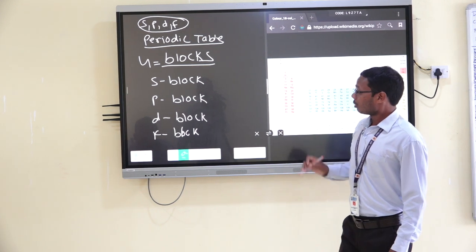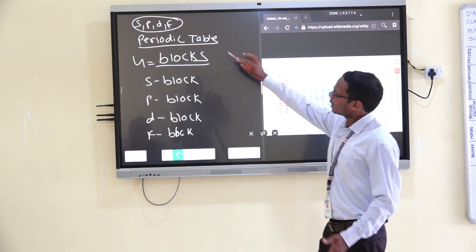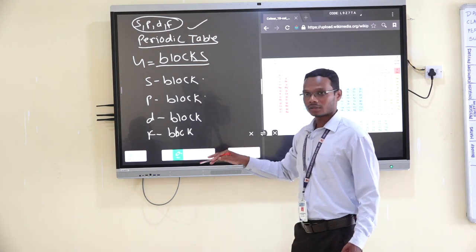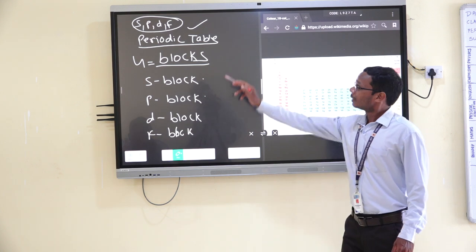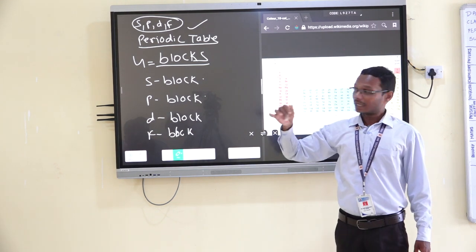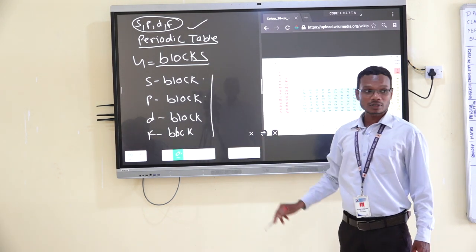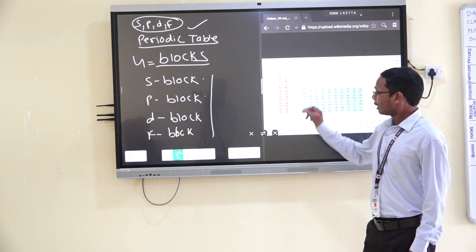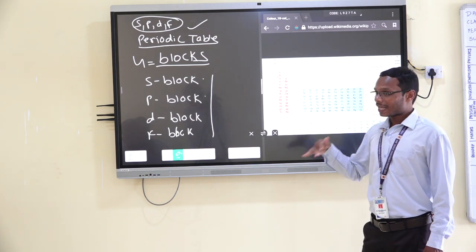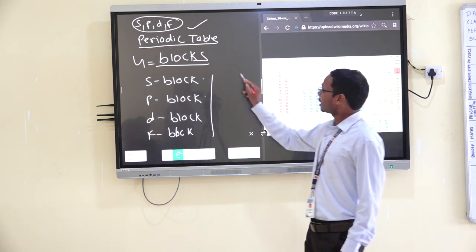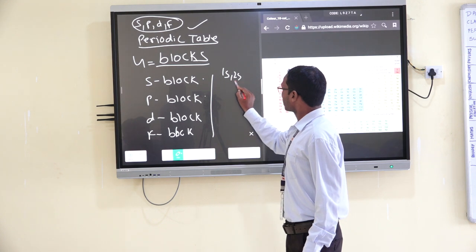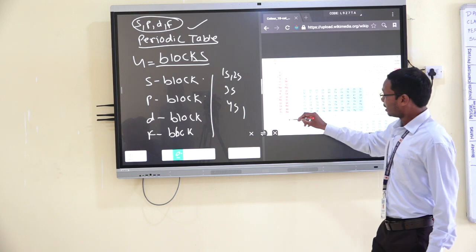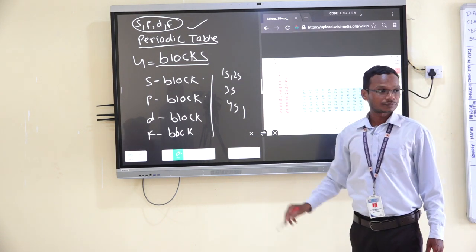So there is some similarity: in electronic configuration we use SPDF, and here it is also SPDF block. If the last subshell in the electronic configuration of an element is S, that is 1s, 2s, 3s, 4s, etc., that element belongs to S block.